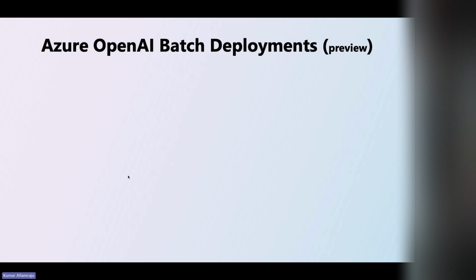The next one that I was going to talk about is the Azure OpenAI batch deployment. So until now, whatever you have seen in the demos, it's pretty much about a chat with your public data or private data. I ask a question, I get an answer back, period, right? I ask for some assistance, help me in generating Python code, or just answer this question, and it does it.